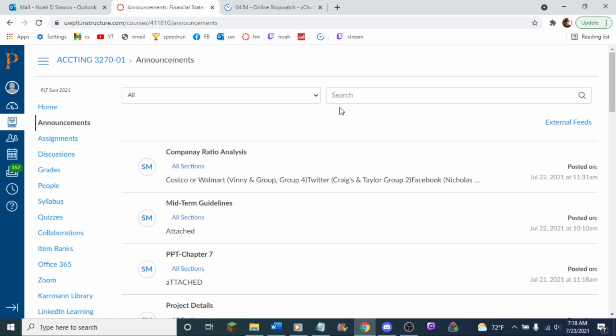I find this weird thing that they do. They have two different ratios that are very similar. So basically, there's days sales in receivables, and then accounts receivable turnover in days. They're the same ratio, except days sales in receivables uses gross receivables, and then accounts receivable turnover in days uses average gross receivables.